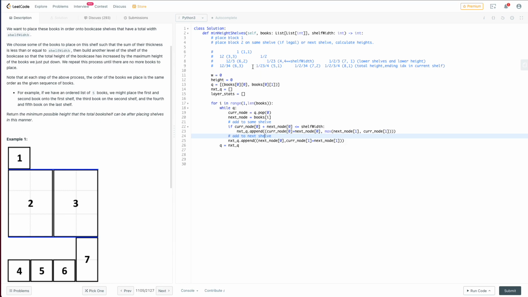And then in the next layer, once the next layer is generated, I can prune it, and then once it's pruned, I'll do this update.